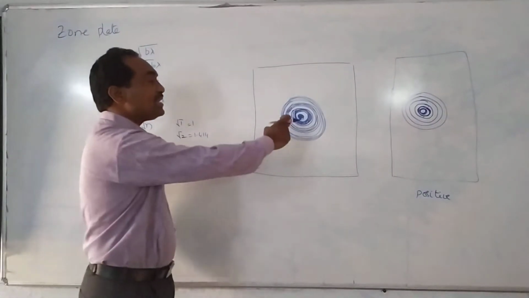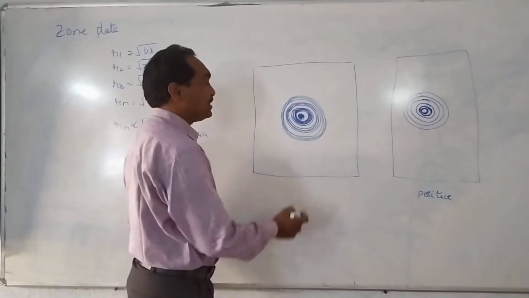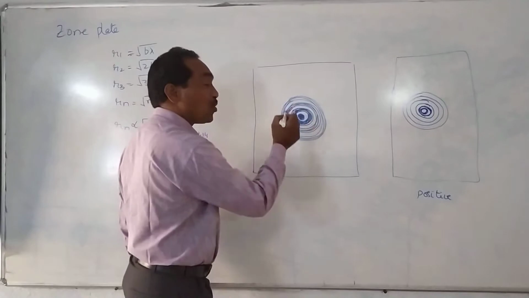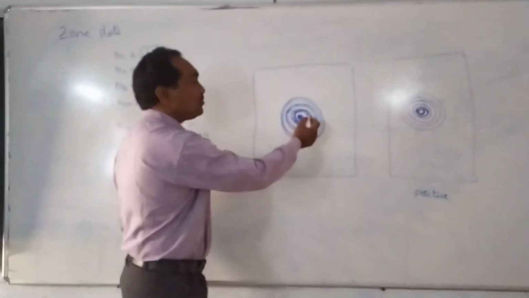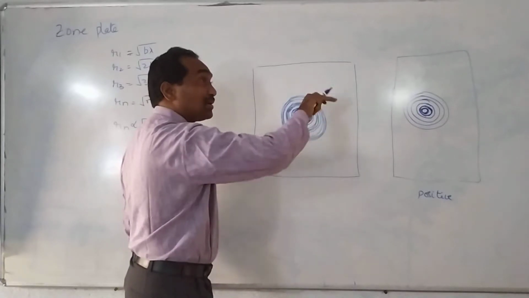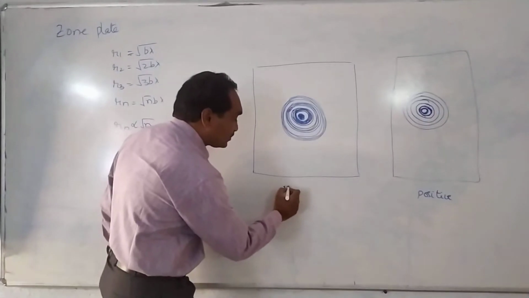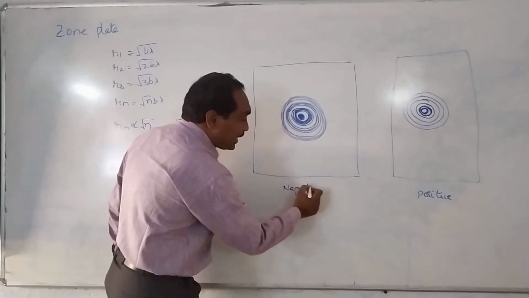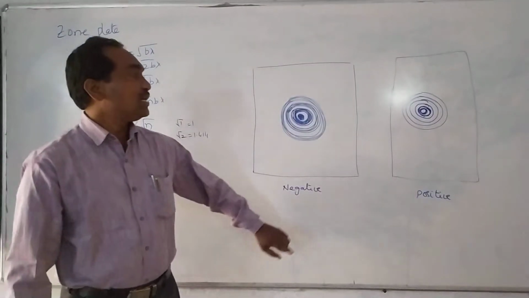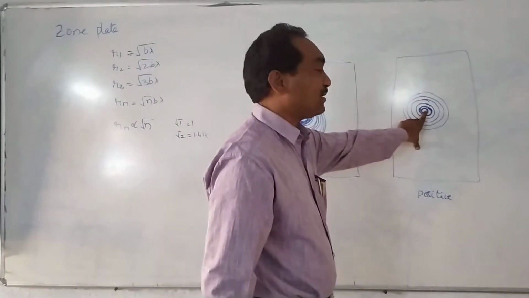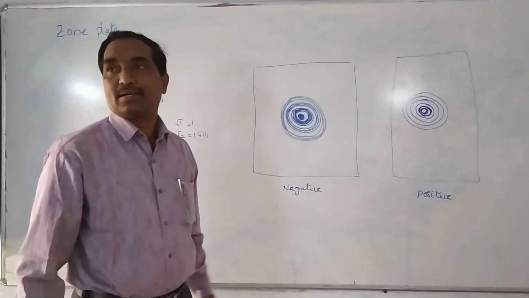In case the even zones are transparent, or the central zone is dark, that is opaque, the central zone is opaque, and the third zone, fifth zone, seventh zone, ninth zone are opaque, such a zone plate is called a negative zone plate. So there are two zone plates: the positive zone plate, in which the central zone is transparent, and the negative zone plate, in which the central zone is opaque.